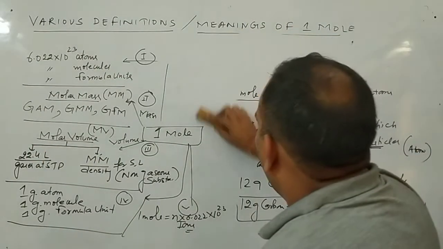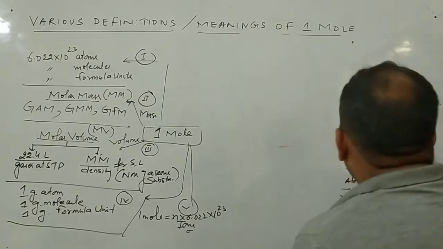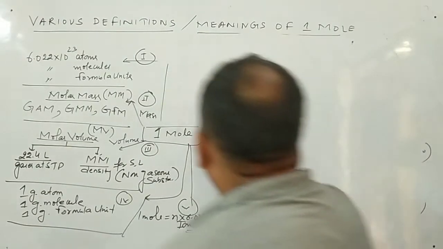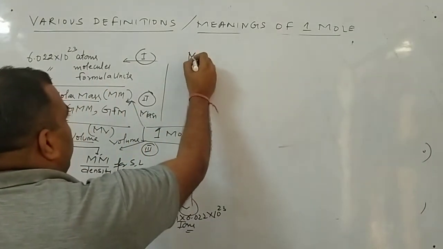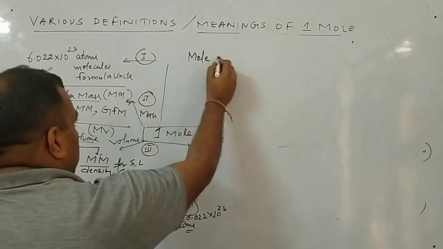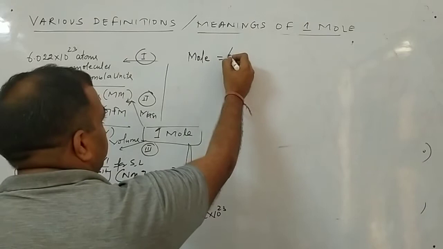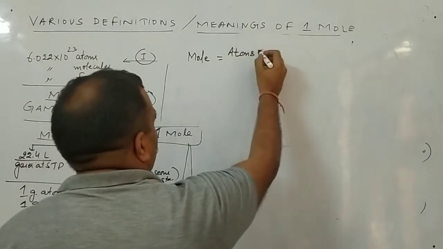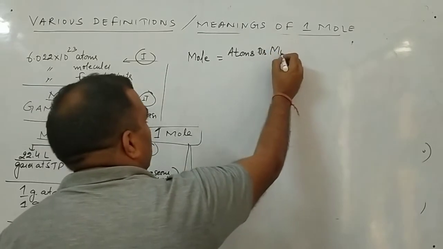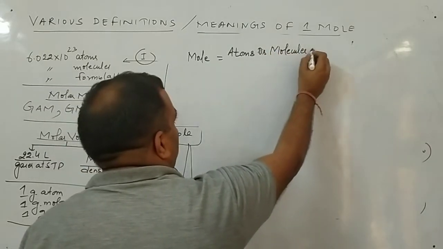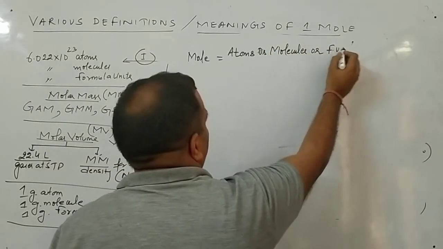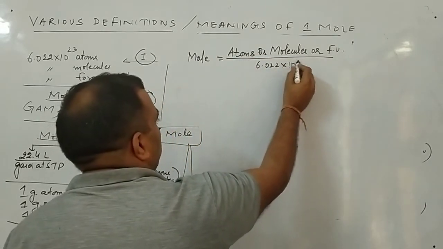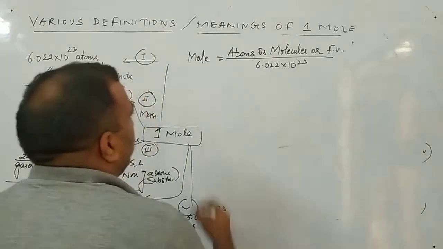Now, beta, I'll write some formulas, then we'll do the numerical. Just see how you have to learn these formulas, very important. All these are the formulas of mole. Mole is equal to, first, atoms or molecules or formula unit upon Avogadro number, 6.022 10 raised to the power 23.